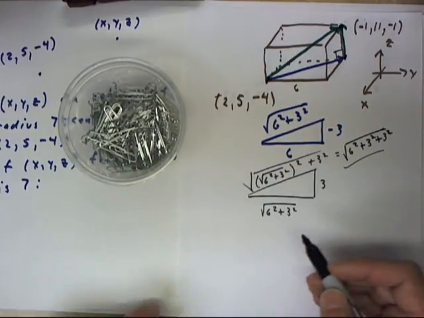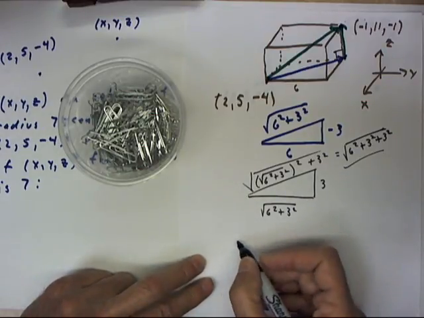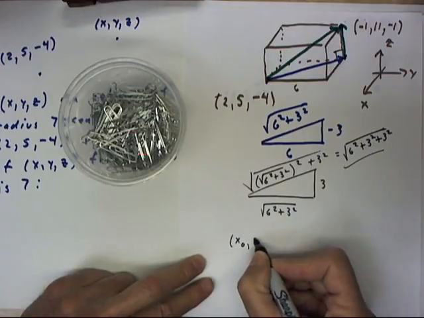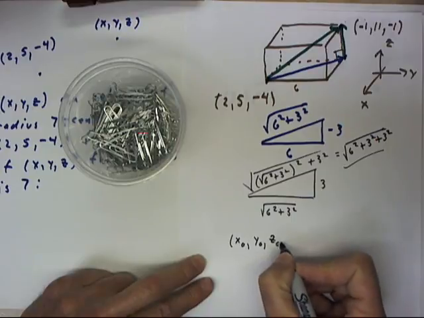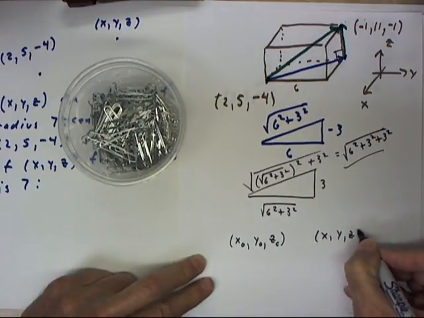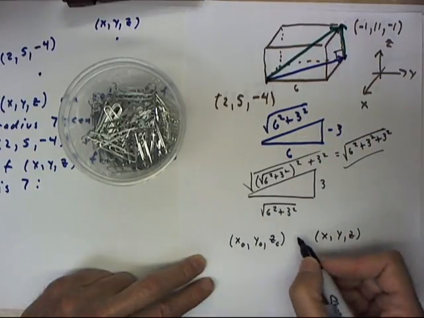In general, if we have a point, call it x sub 0, y sub 0, z sub 0, and a point x, y, z, and these points are visualized as being at the lower and upper corner.